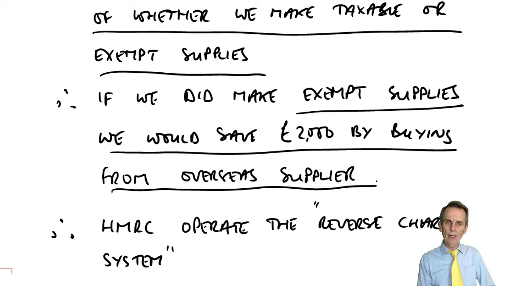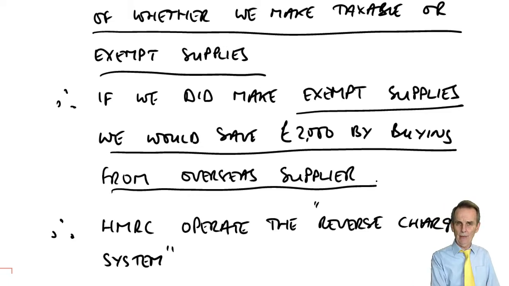If we were to buy from the UK supplier for £12,000 and we make exempt supplies, our net cost is £12,000. If we instead buy in from the overseas supplier for the actual purchase of those goods which have a value of £10,000, but we're not suffering any VAT on that purchase, then we pay £10,000.